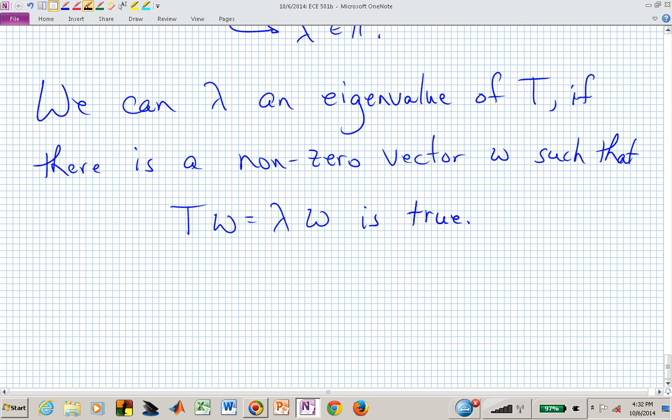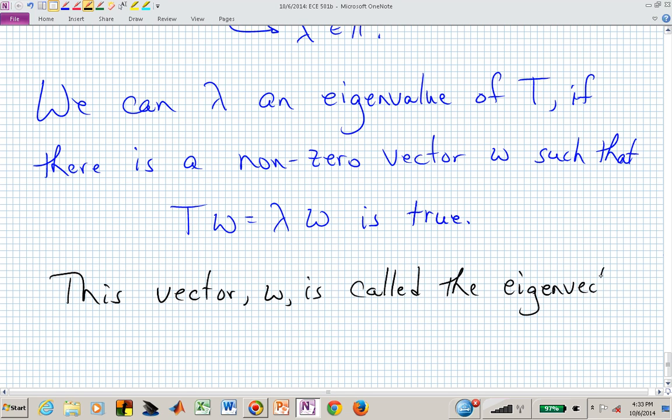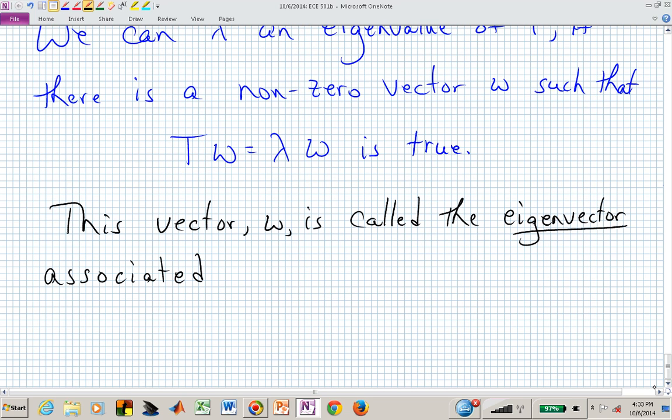And this vector w is what we've been calling it all along. It's called the eigenvector. But it's actually the eigenvector associated with a particular scalar, and it's associated with this particular lambda.